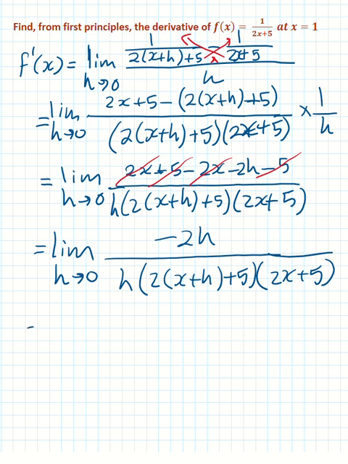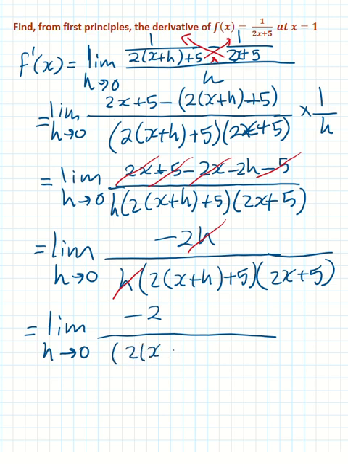So next thing is going to be the limit as h approaches 0. And from here, sorry, I could have cancelled the h with the h here. And what's left now is, in the numerator, minus 2. In the denominator, what's left is bracket 2x plus h plus 5, and then bracket 2x plus 5.